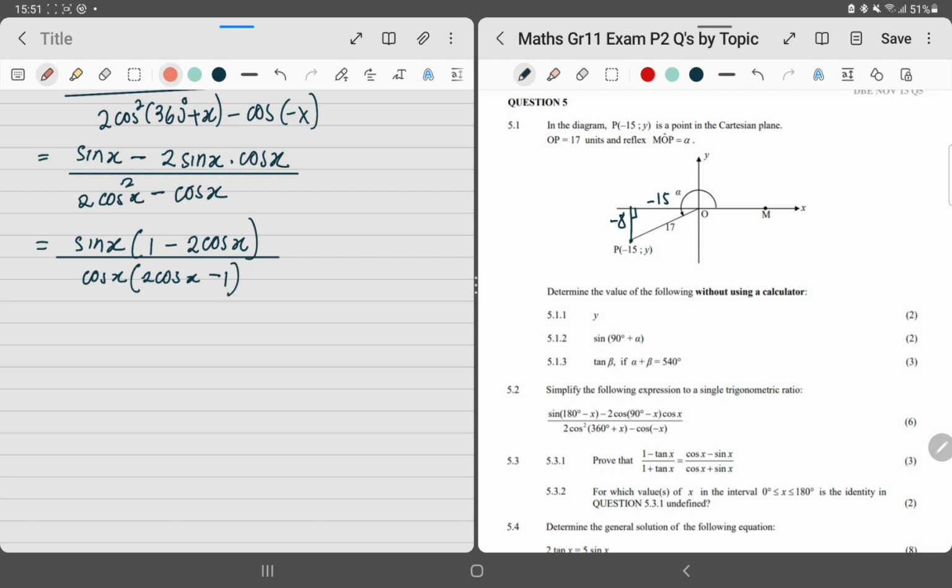Okay, so you'll notice that these two are not the same. So what I need to do first is to take out a factor of a negative. So I'm going to take out a factor of a negative there.